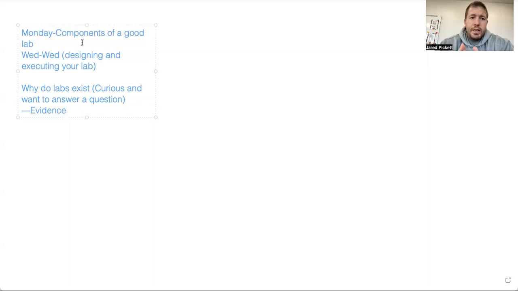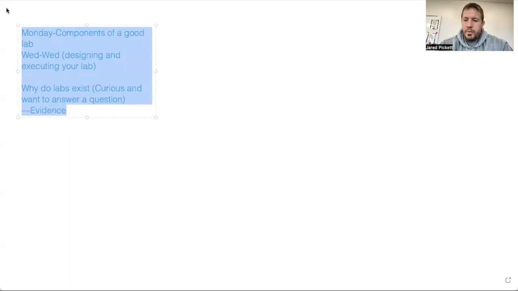So let's change this and talk about some good components that exist in labs across the world. Number one, in a lab, you need to make sure you have some sort of title. The title, pretty simple, describes what you are doing in your lab. A good title is concise, meaning there are not a lot of words, and it does a great job of describing exactly what's happening.